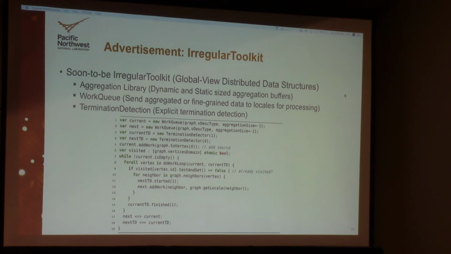It's a work in progress to have multiple different things in there, such as a work queue abstraction and an explicit termination section that's separate from, say, Chapel sync constructs, and that allows you to wait on whatever the user wants. So here we have a basic distributed global view breadth first search with the Jenkins hypergraph, which I thought was pretty cool.